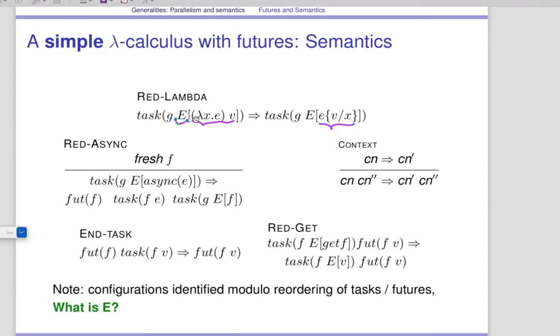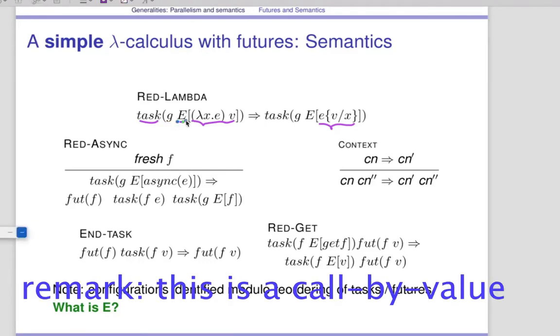For the moment, don't look too precisely at e, just consider that this is a task that is supposed to fulfill one future. Consider for the moment e as meaning somewhere inside the task I have this, and I'll come back to this in the next slide.